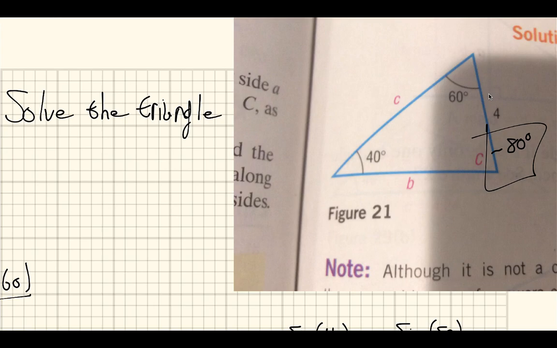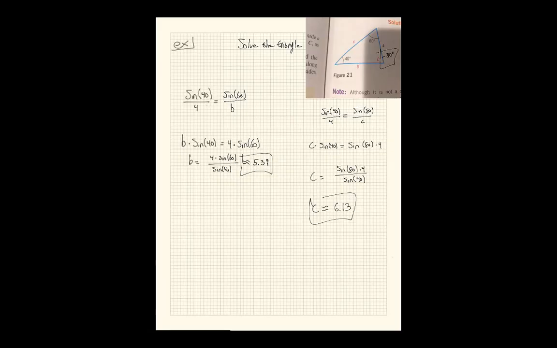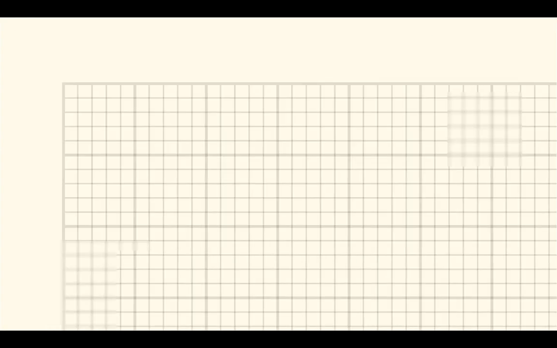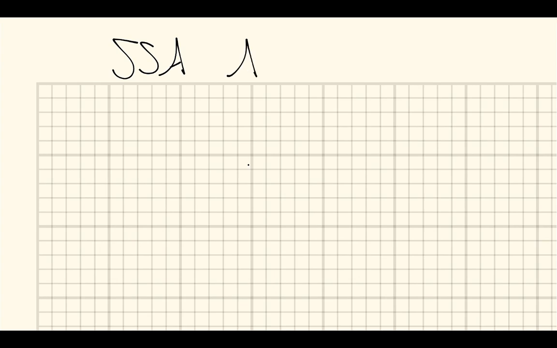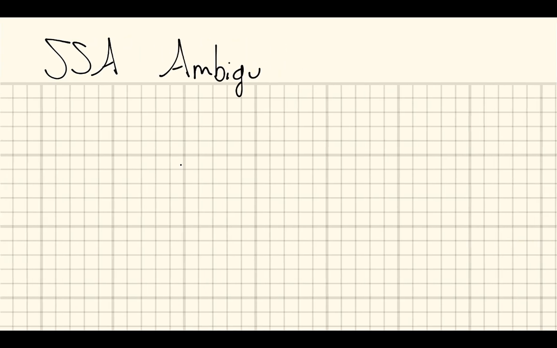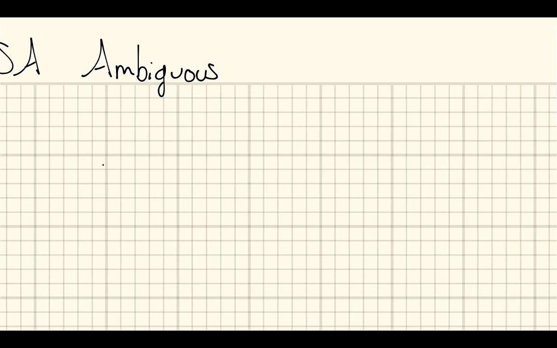Now there's certain scenarios that are kind of ambiguous, okay? Like, I'll take a picture and give you an example. Those are going to be the side angle scenarios. So we'll title this side angle ambiguous cases.